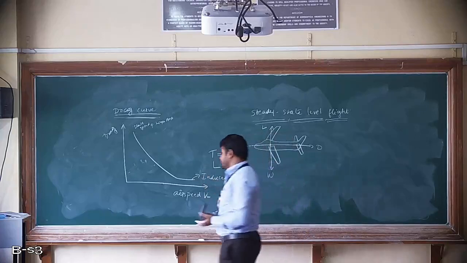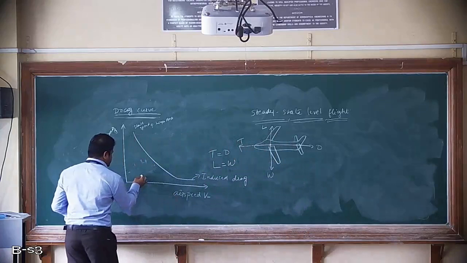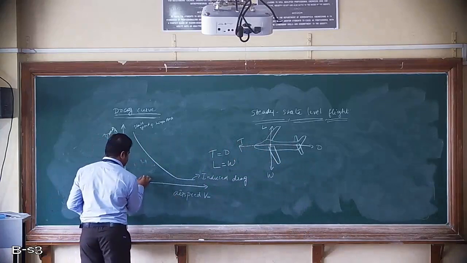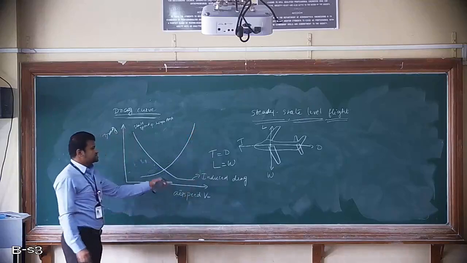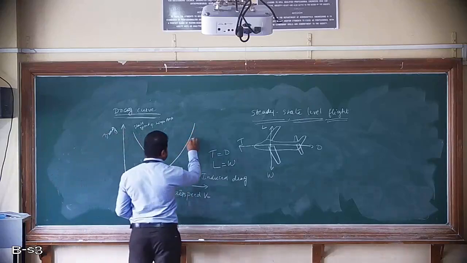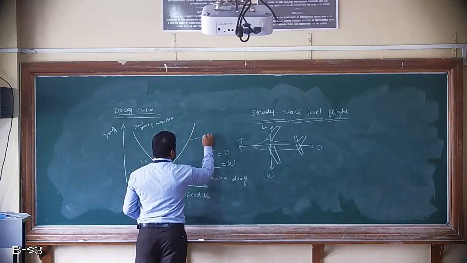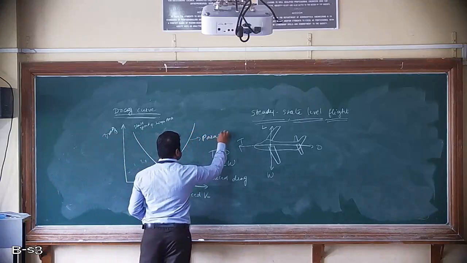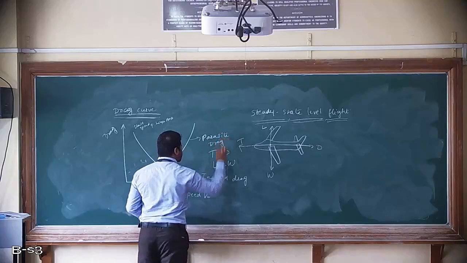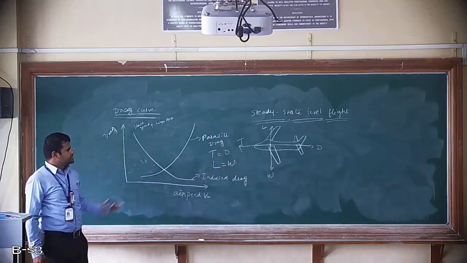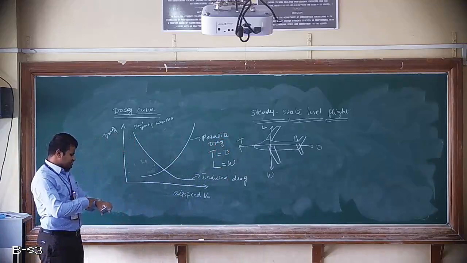So your parasite drag will initially be less, then it starts increasing as your airspeed increases. So this is parasite drag.